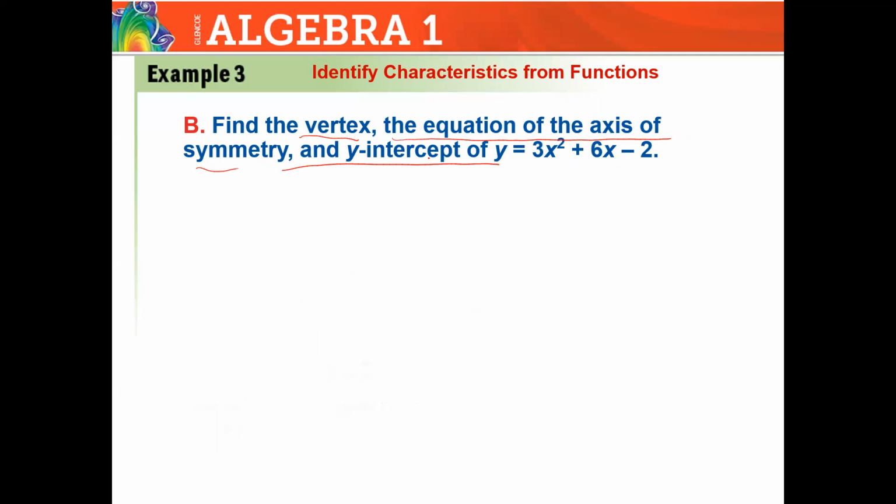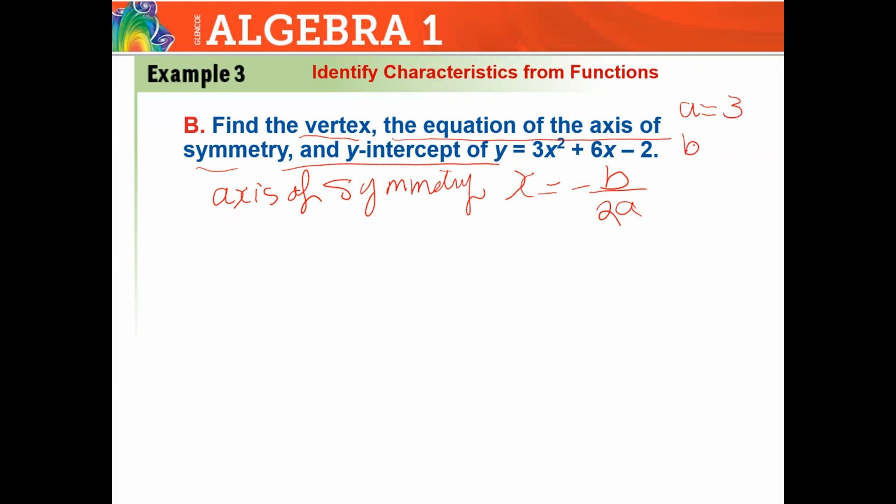First of all, as I told you before, we will start with the equation of the axis of symmetry, x equals minus b over 2a. In this equation, I have a equal 3, b equal 6, and c equal -2.